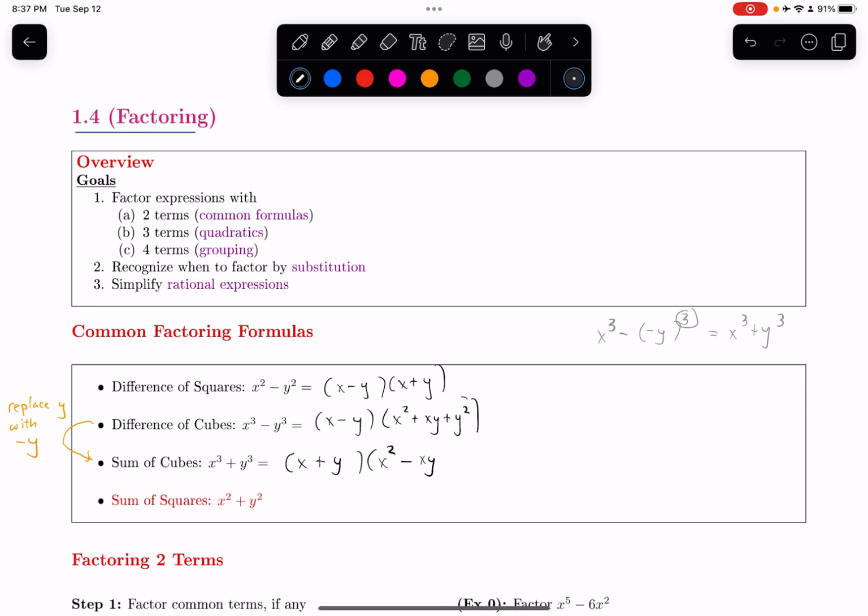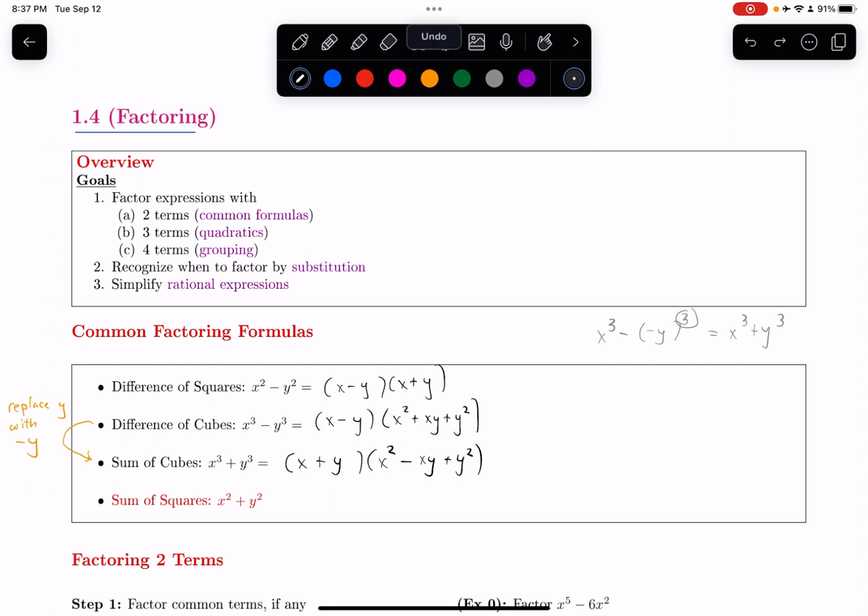When I put minus y into here, when it gets squared, the negative goes away. So I'll still have plus y squared. So overall, it ends up being very close to the formula I had for difference of cubes, but just two of the signs end up changing when I change that y to a negative y.